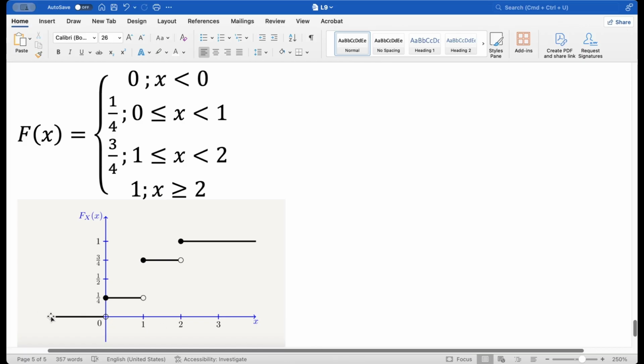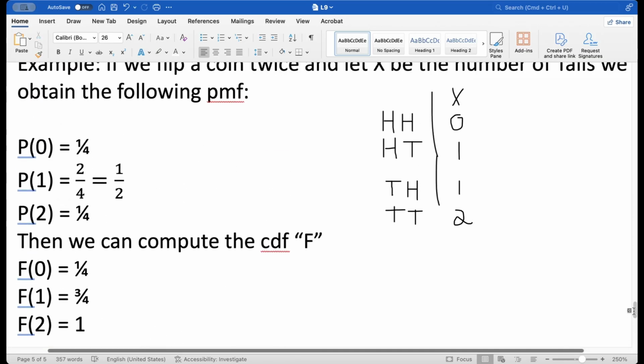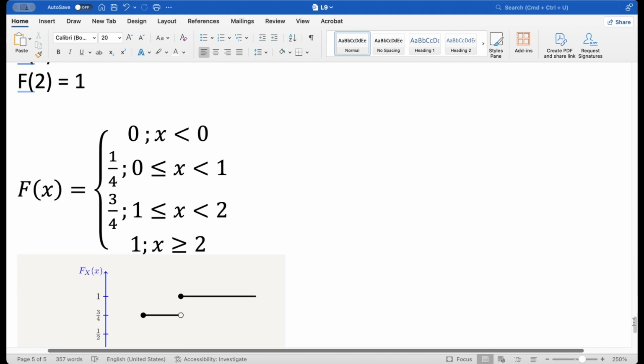So the graph is horizontal on the x-axis, at a height of 0. Then when we get to 0, the probability of that happening was 1/4. The probability that X equals 0 is 1/4. So we get a jump in the graph there to 1/4.